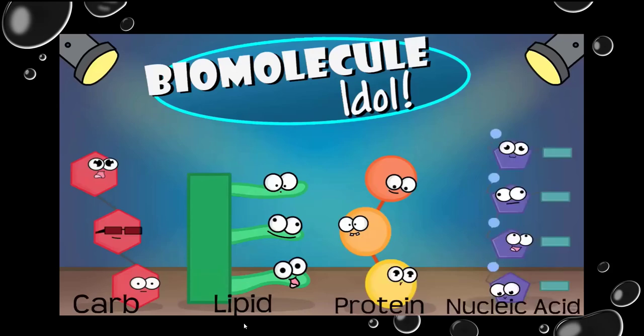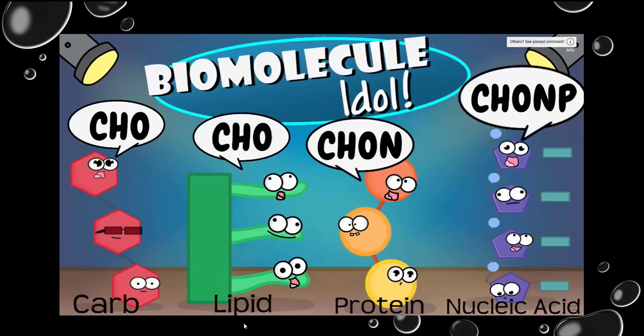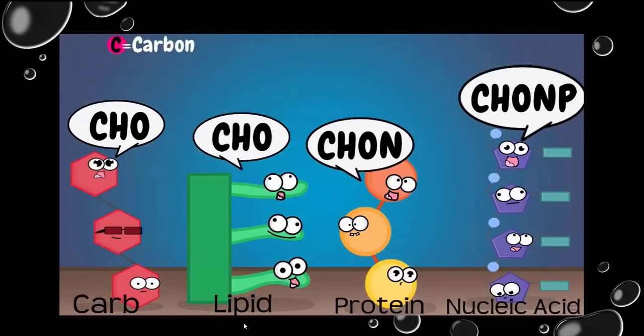Then remember this mnemonic device that goes with these 4 biomolecules: CHO, CHO, CHOM, CHOMP. Instead of CHOMP at the end with an M, it's CHOMP at the end with an N. The C stands for carbon, the H stands for hydrogen, the O for oxygen.